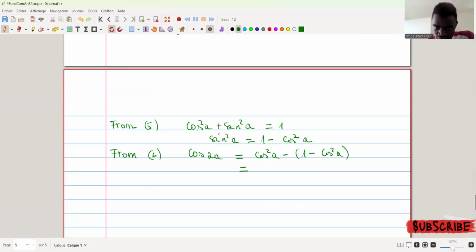So you expand, you have 2 cosine square minus 1. So it means that you have cos square equal to 1 plus cos 2A over 2.